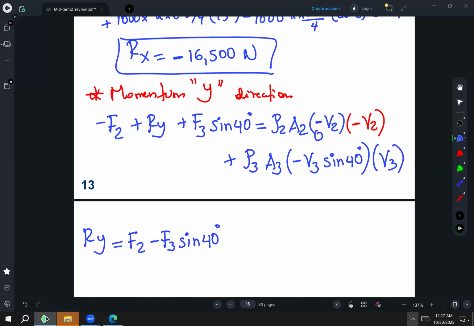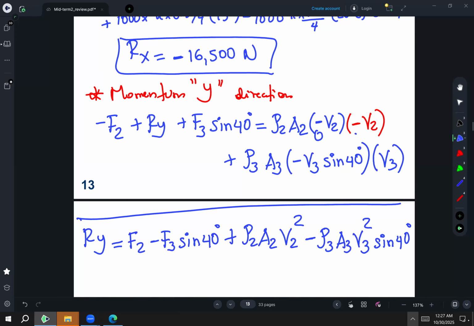Then minus and minus is going to become plus density 2, area 2, velocity 2 squared. Then I have a minus density 3, area 3, velocity 3 squared times sine of 40 degrees.